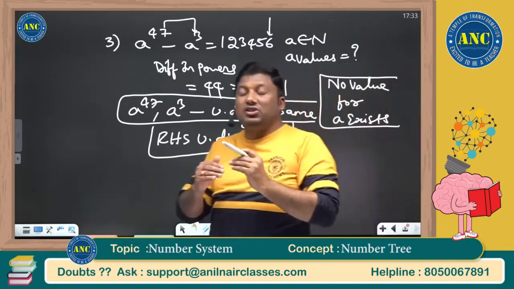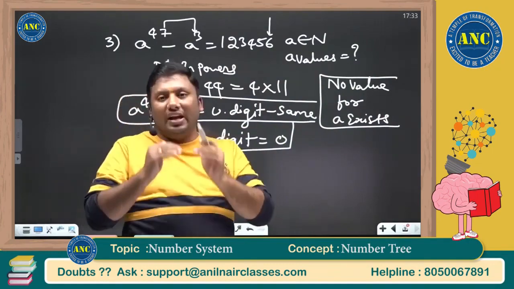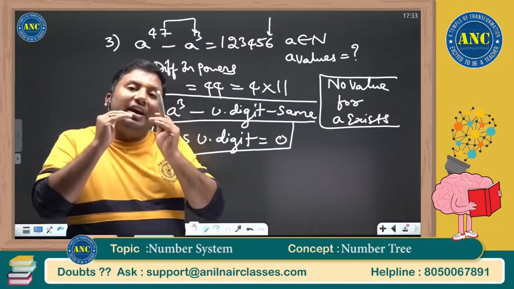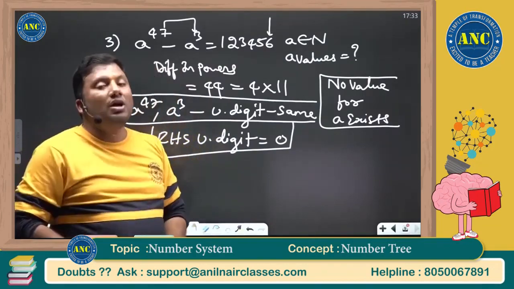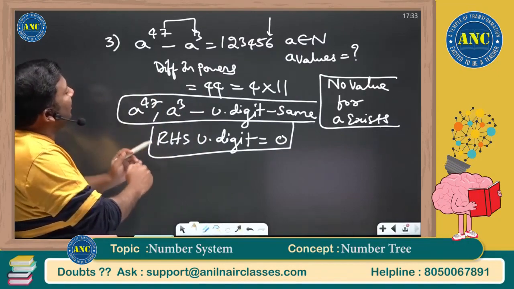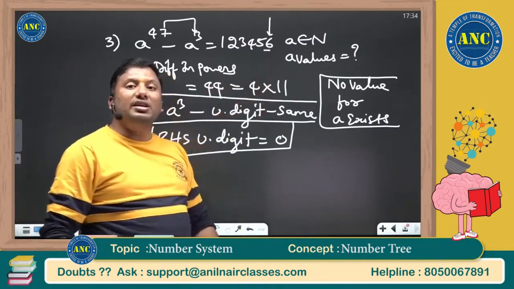The first question we solved: odd minus odd is even, even minus even is even. The right hand side should be even. In the first problem, we got the right hand side as an odd number, so we got the answer 0. What if the right hand side is an even number? Suppose the right hand side unit digit is 0.